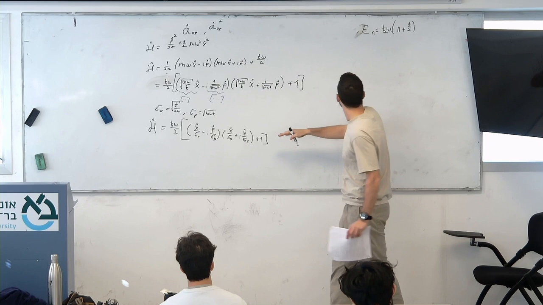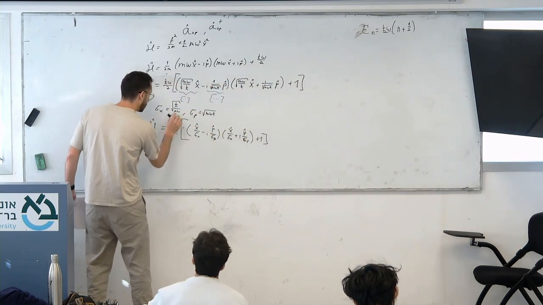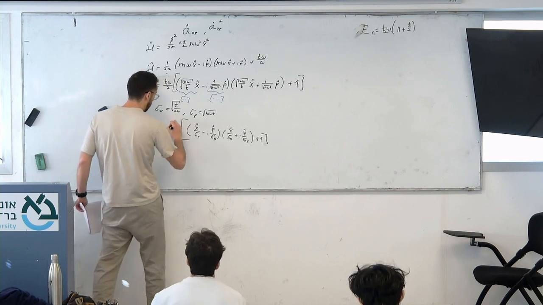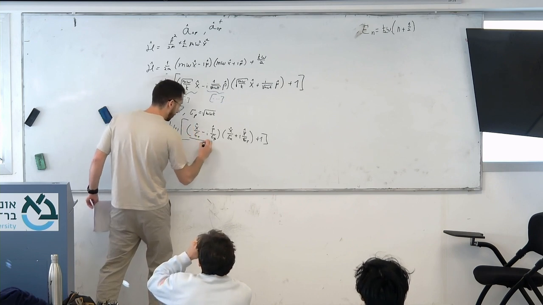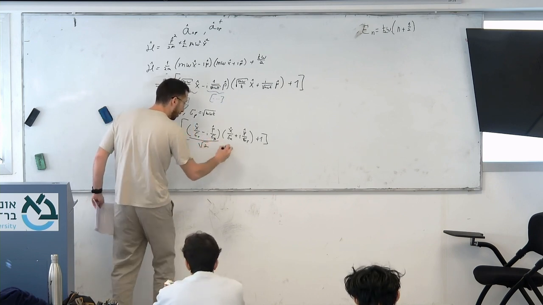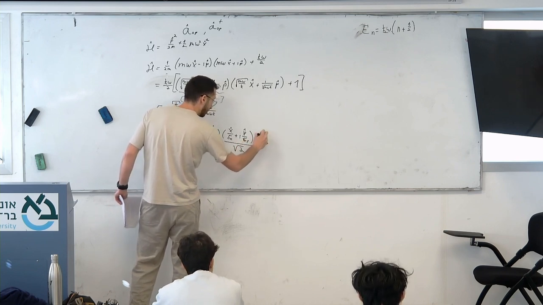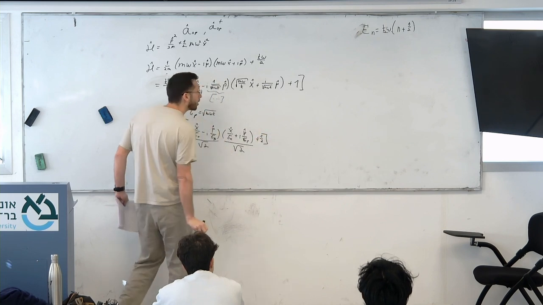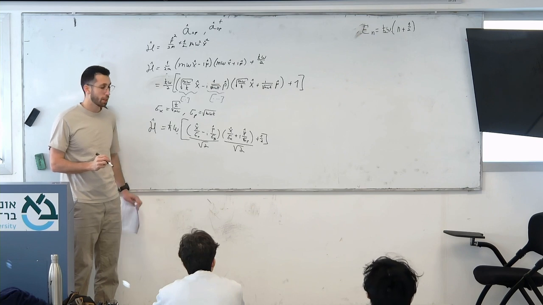So it's getting a little bit similar, because I can take h bar omega, and here you have this over square root of 2, this over square root of 2, and this is half. So it's getting very similar to what we are familiar with.